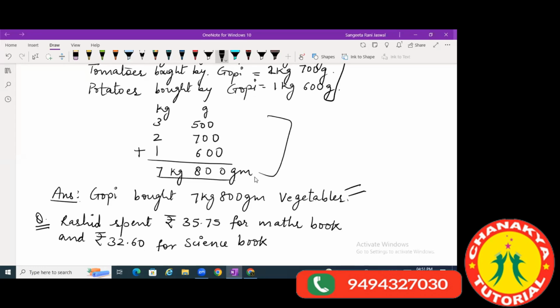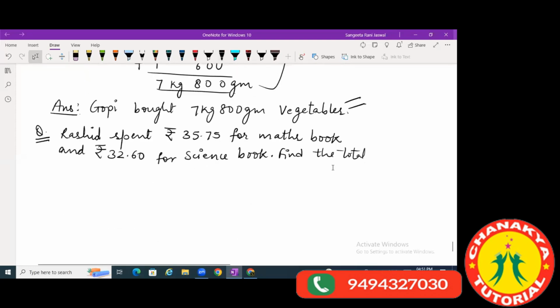Find the total amount spent by Rashid. So, the same way we will write the steps first.